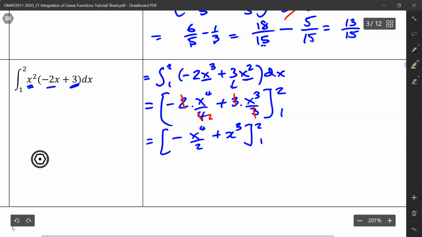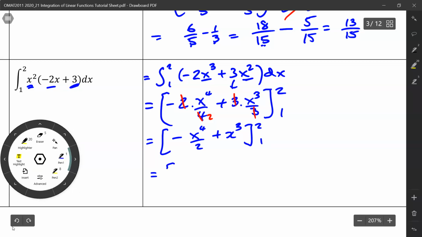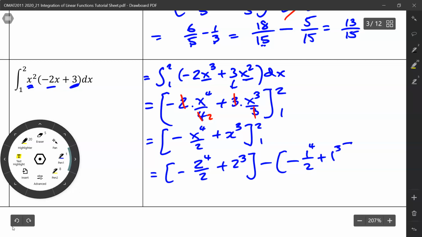So therefore, if I plug those in, that's equal to minus 2 to the power of 4 over 2 plus 2 to the power of 3, minus, and we have minus 1 over 2 plus 1 cubed, and sorry, 1 to the power of 4. Now, if you look at this, 2 to the power of 4 divided by 2 is minus 2 cubed, which is 8.